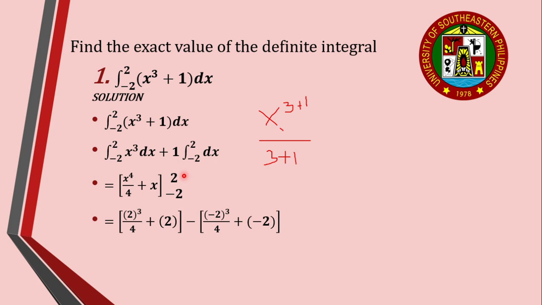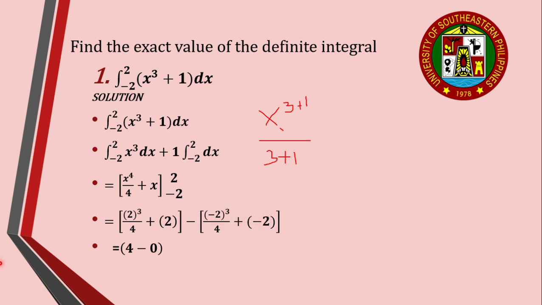What we're going to do is to substitute the upper bound into our integrated function. So we have 2 to the 4th over 4 plus 2, and we're going to subtract the function with the substituted lower bound, so negative 2 to the 4th over 4 plus negative 2.